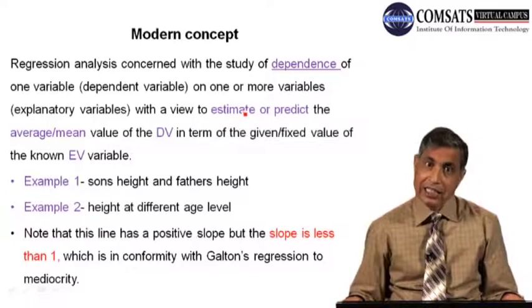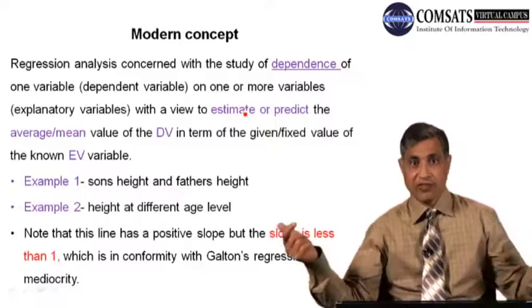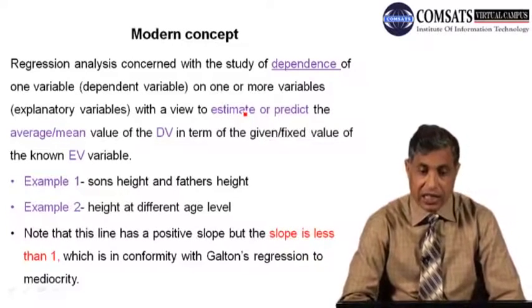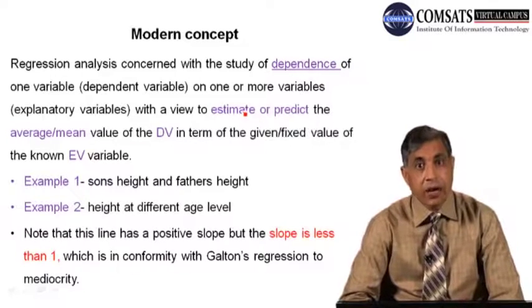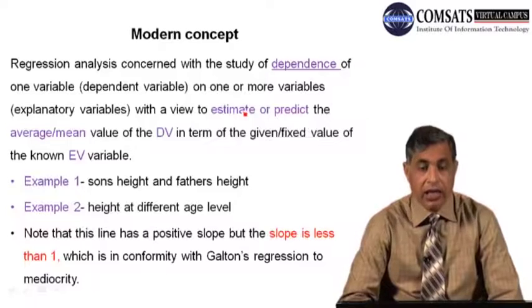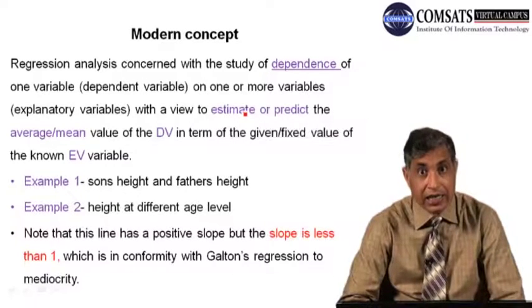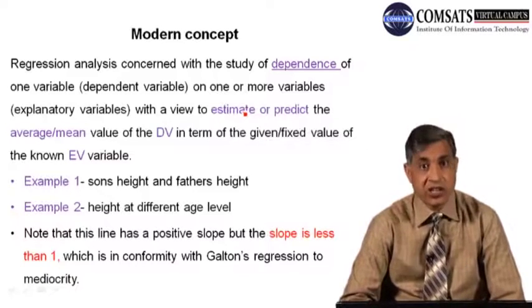Now regression analysis is not confined to whether something converges towards the population mean or not. Now we study the dependency of one variable, that is called the dependent variable. From right now I will call it the endogenous variable, and I will also call it the explained variable.